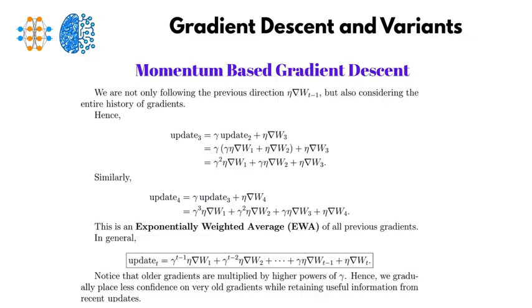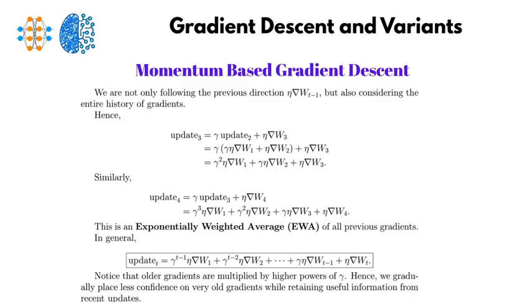This means that very old gradients have less influence on the current update, while recent gradients retain stronger influence. And this gives us a very useful interpretation of momentum. Momentum is not simply making the learning rate larger; instead, it is creating a kind of memory of previous gradients, where recent history is remembered more strongly and older history less so.